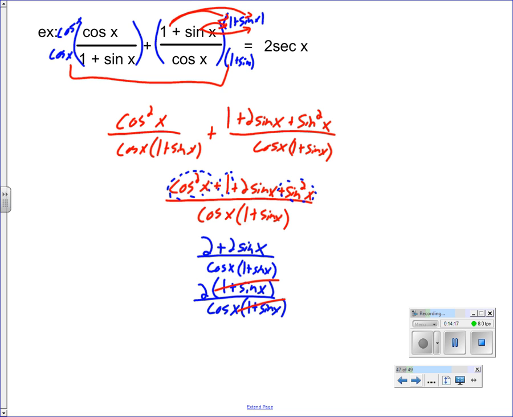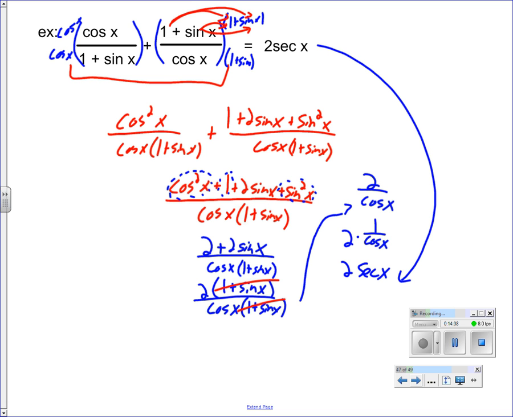I'm left with 2 over cosine x, right, which is the same as 2 times 1 over cosine x. The reciprocal of cosine is secant x. So we get back to the same thing we have on the right-hand side using only identities, so we verified the identity.